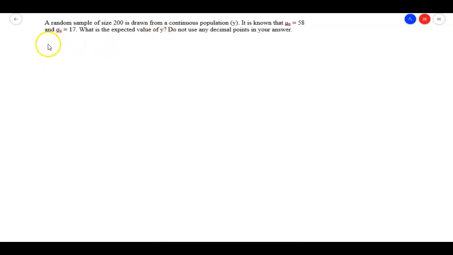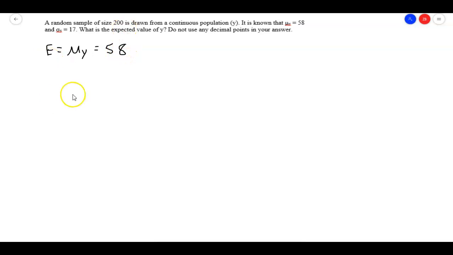So in this case, the expected value, which we can denote with an uppercase E, is just going to be equal to our mean of our sample means, which in this case is just equal to 58.